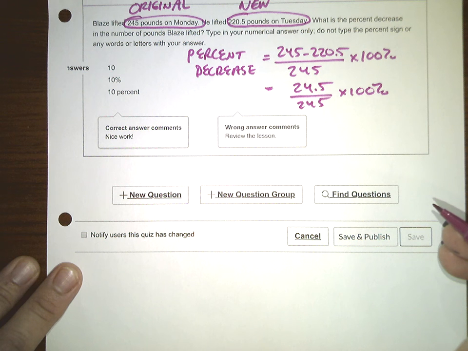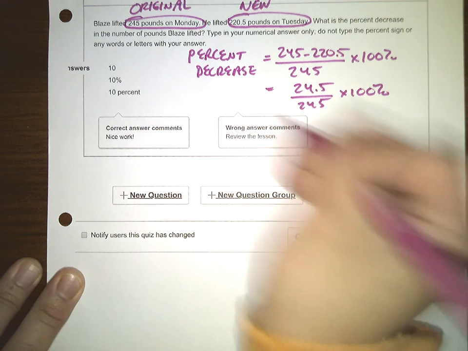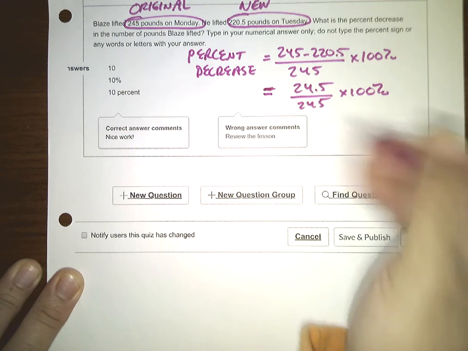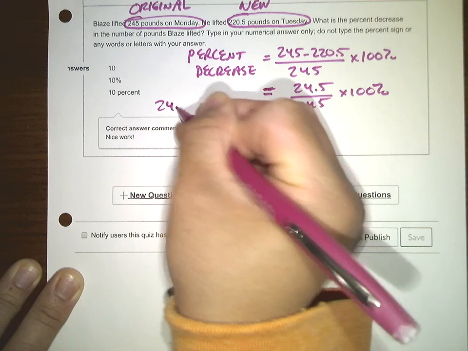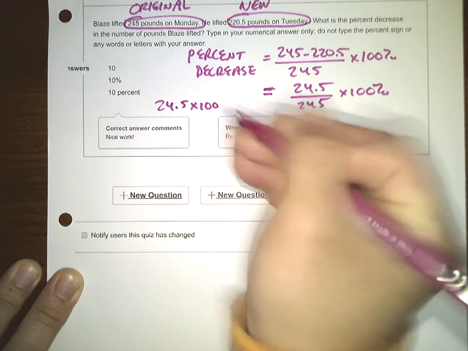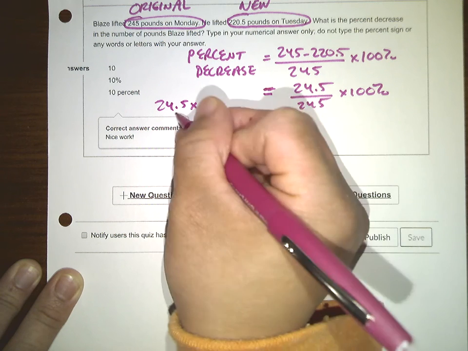And then there's a couple of ways that you could do this, but one of them, if I'm just doing mental math, is 24.5 times 100 means to move the decimal 2 to the right.